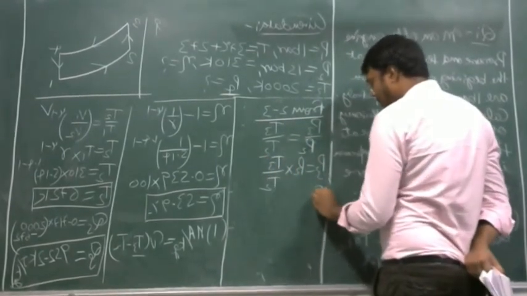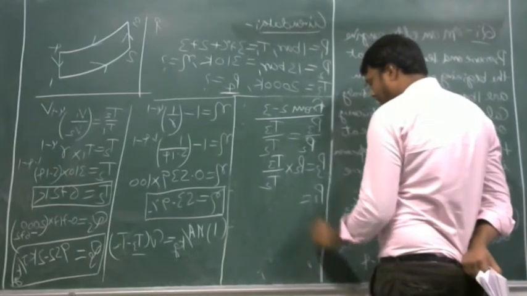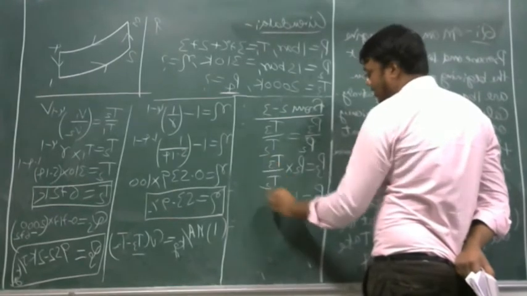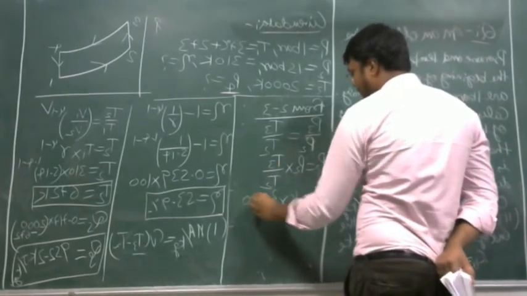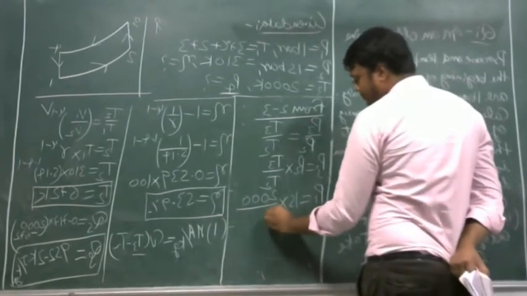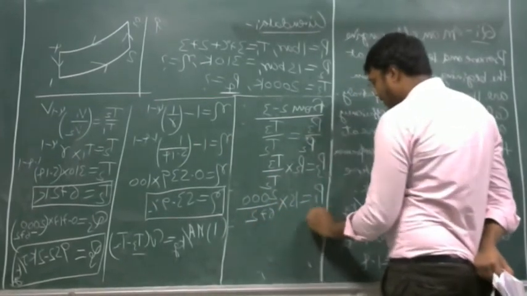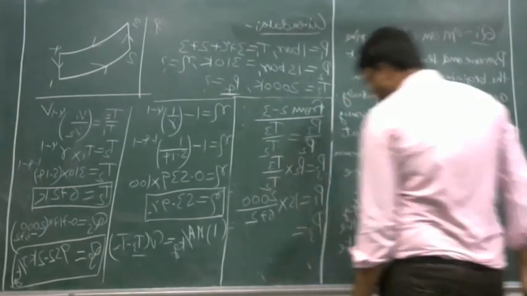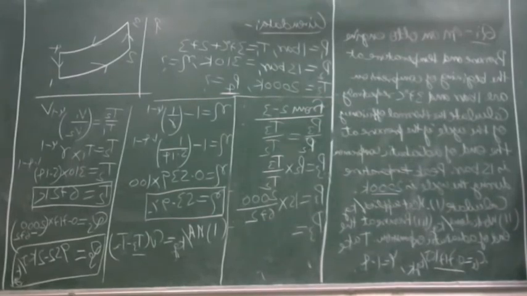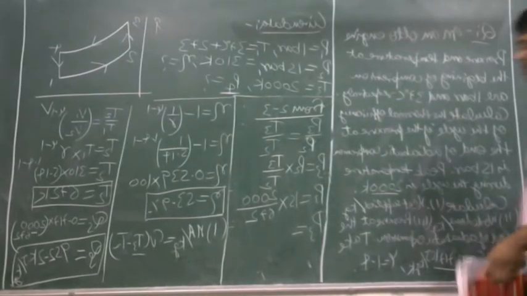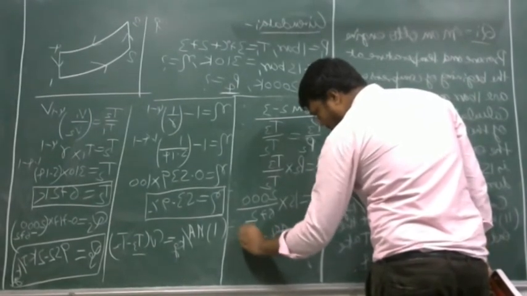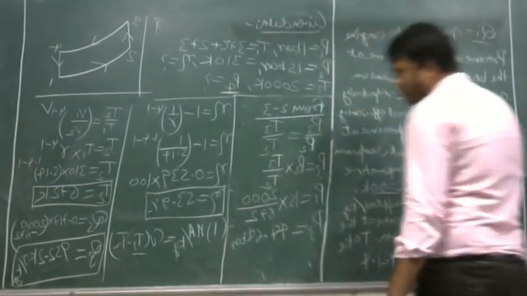Put all the values here: P3 equals 15 bar into T3, which is 2000, divided by T2, which we have calculated as 672. So the value of P3 will come equal to 44.64 bar.